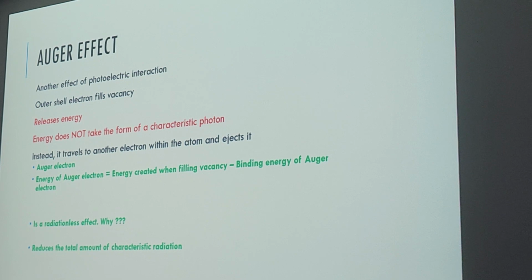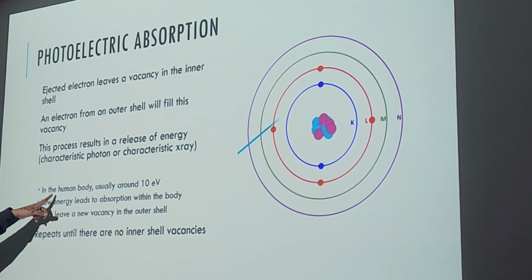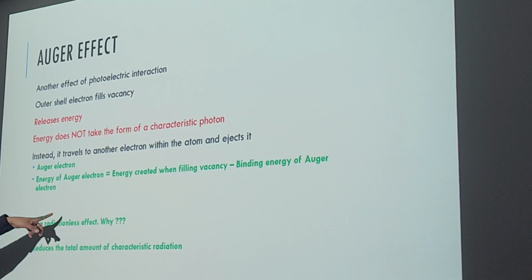This is another effect of photoelectric interaction. We either get a characteristic photon or we get the Auger effect, or both happen at the same time.